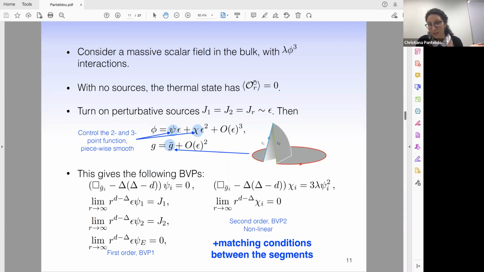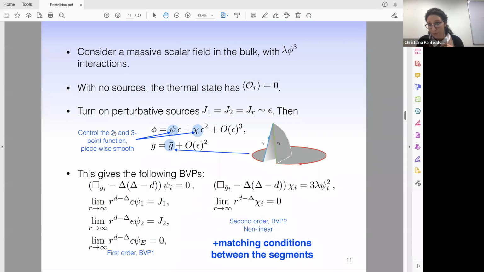That's the standard way we compute 2-point functions in holography. Now, this will introduce sources at order epsilon, so we need to compute the expectation value of this operator at order epsilon, and then divide that by the source epsilon in order to get the 2-point function. So psi is what controls the VEV of phi at order epsilon.